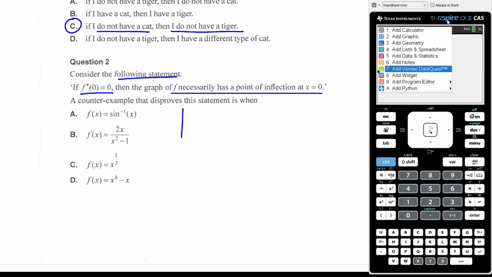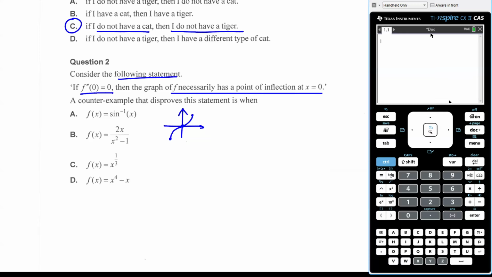So if you look at the first graph, it does have a point of inflection, and if you take the second derivative and solve for x equals 0, yep, it satisfies the second derivative equal to 0, satisfying the point of inflection existence.